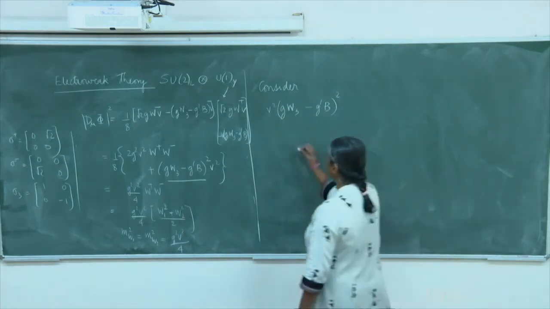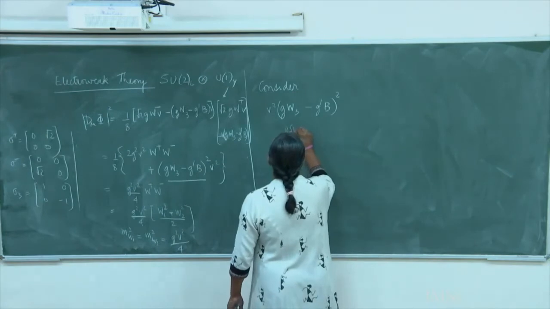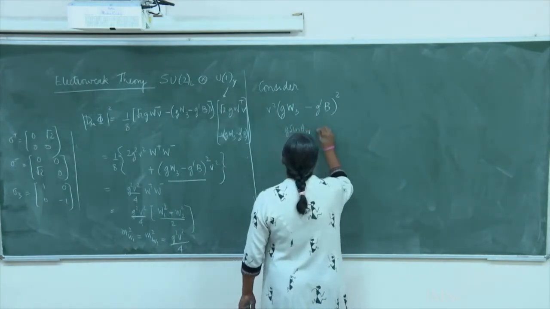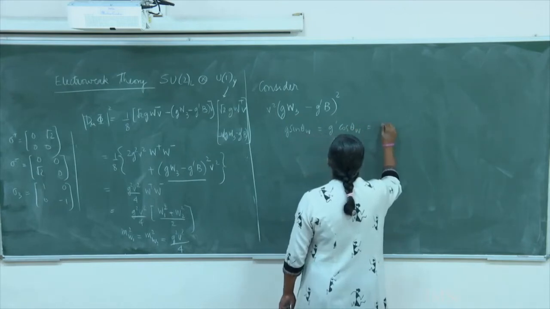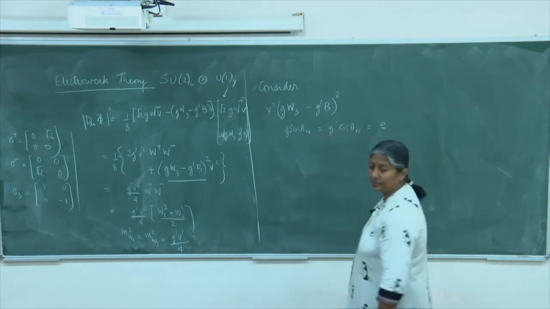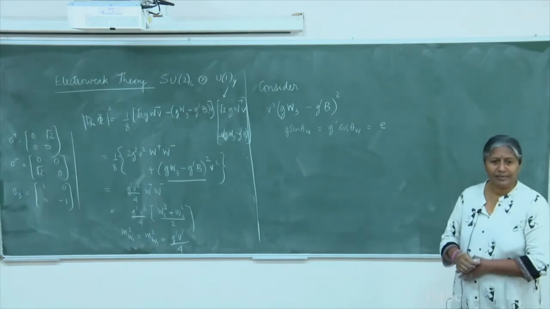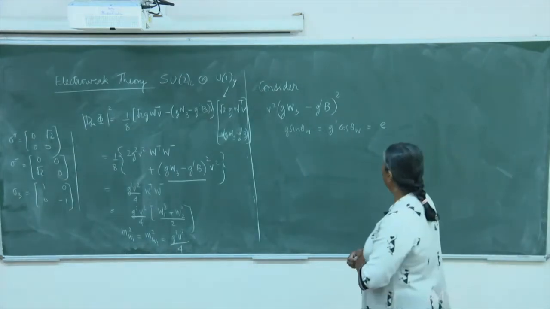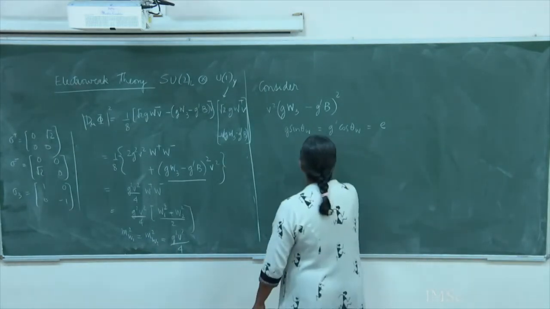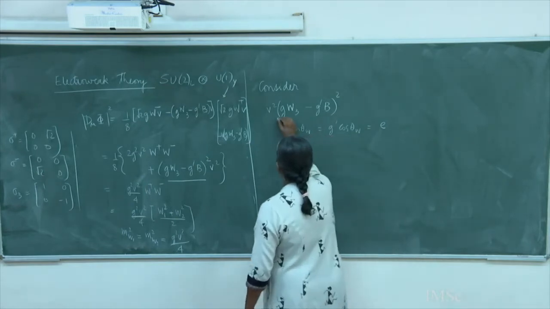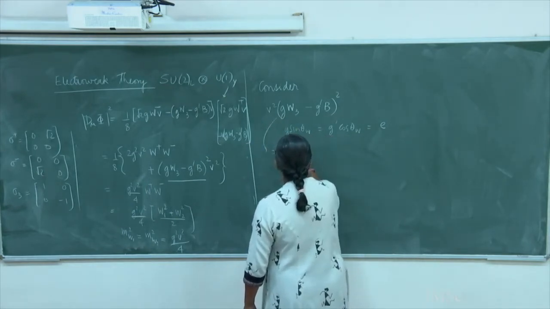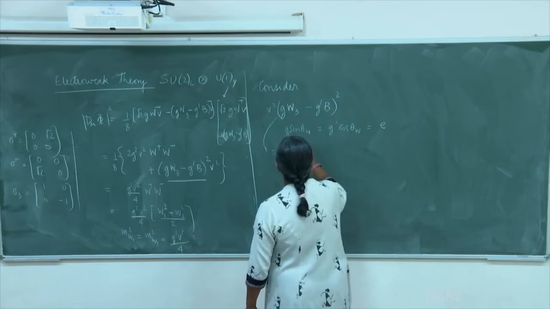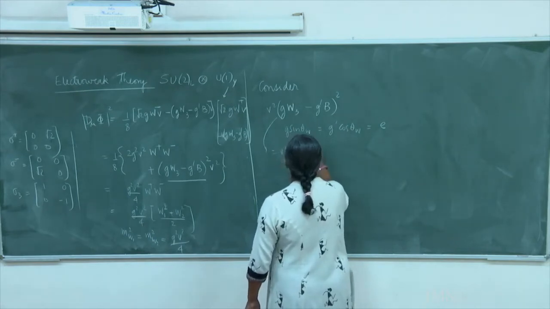You remember G is G sin theta W was G prime cos theta W. We did this is equal to E. We did this when we got the interactions in terms of W and Z, right. So we have is equal to V squared G squared. So let me first put them in. G W3.